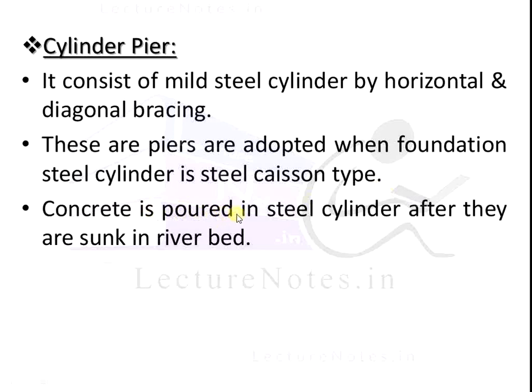The concrete is poured into the steel cylinders after they are sunk in the riverbed. After the cylinders are submerged, we pour the concrete for the stability and better strength of the pier and column.